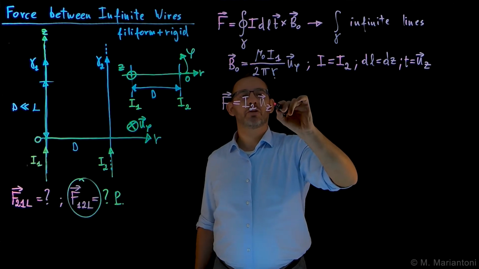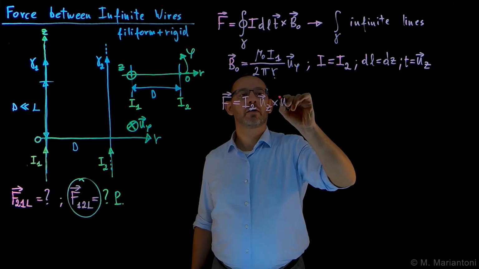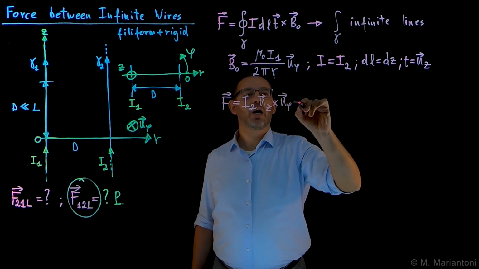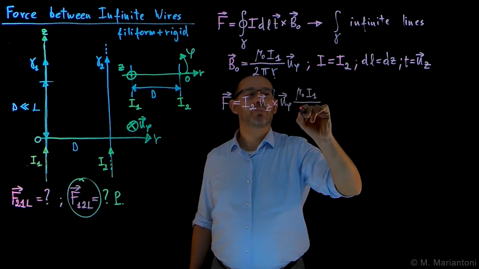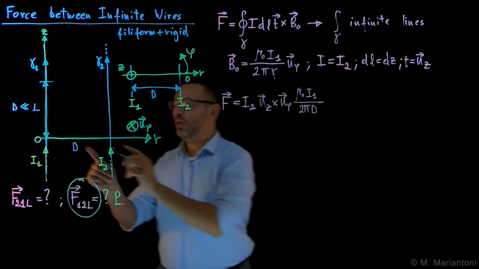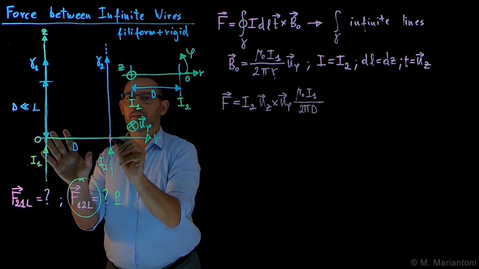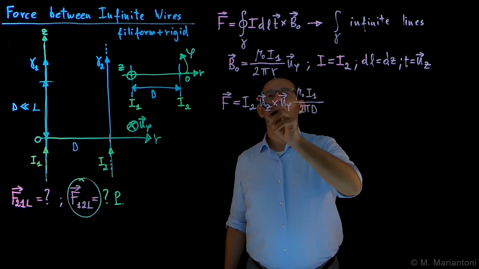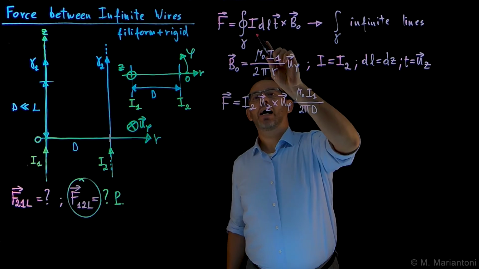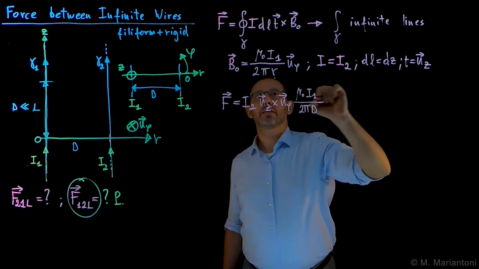B naught is all constant, so it's crossed with u var phi, from B naught: mu naught, all constants, times I1 divided by 2 pi. r becomes capital D in this specific case, because we are considering the force on this wire, which is at a distance capital D, as I already mentioned before. u var phi we already took into account here. So I, we have it. dL is dz, we need to use it.